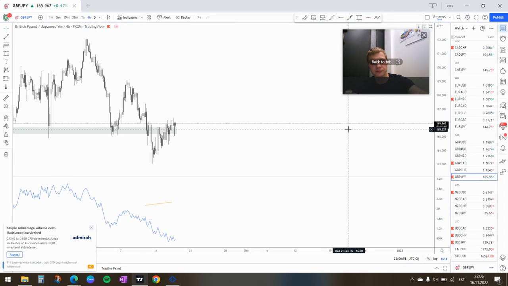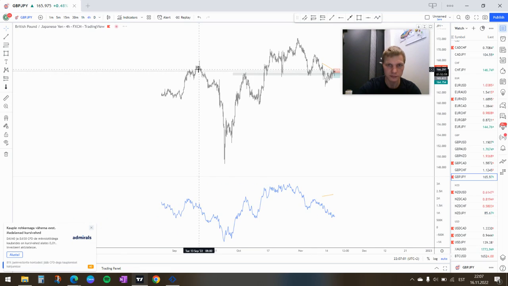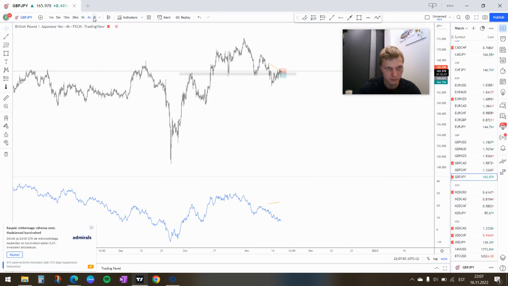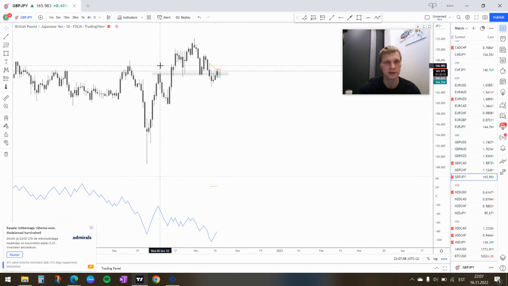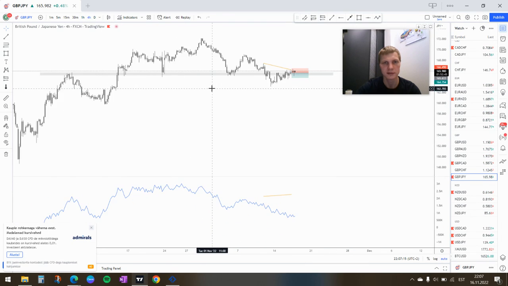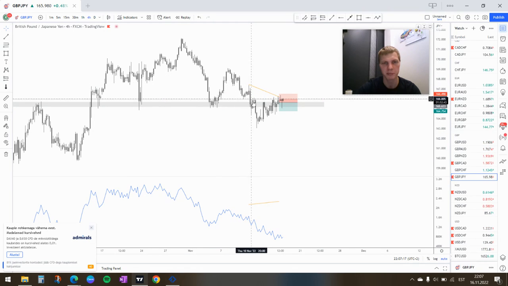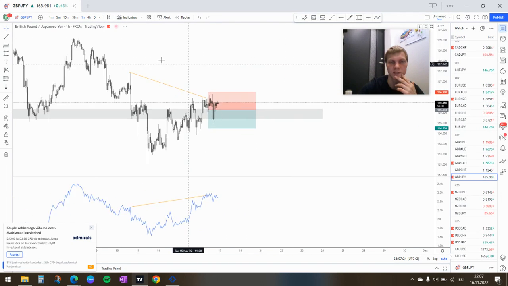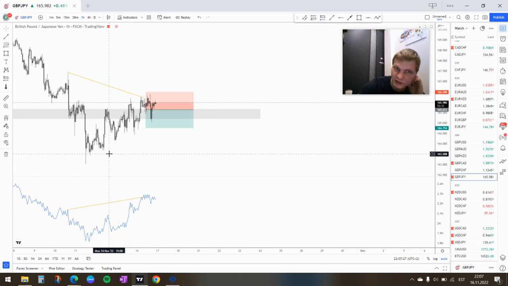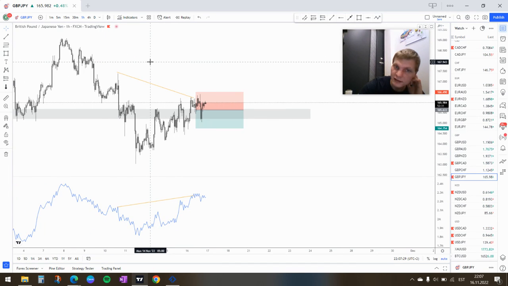GJ. Sorry. So GJ was taken based on this daily level here, and so it kind of broke past and then came back to retest, and there is a divergence on H1, which is a hidden divergence, and that was the reason behind this trade.